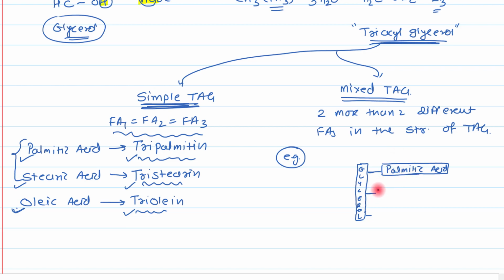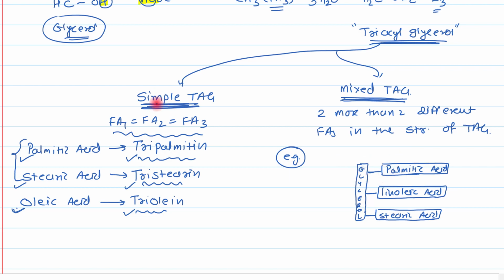On the second carbon, and most of the time the second carbon carries an unsaturated fatty acid, as an example I am taking linoleic acid. And on the third carbon let's say we have stearic acid. So here all 3 fatty acids are different, so we call it a mixed triacylglycerol, right? Now how to give a name to this compound?